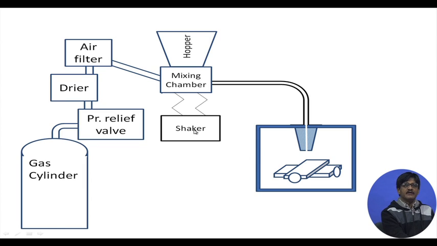There is also a shaker which vibrates the mixing chamber, so that the mixing of the abrasives and the air is made easier. After that, the air and abrasive mixture go down the line and ultimately get emitted at the exit of the nozzle.